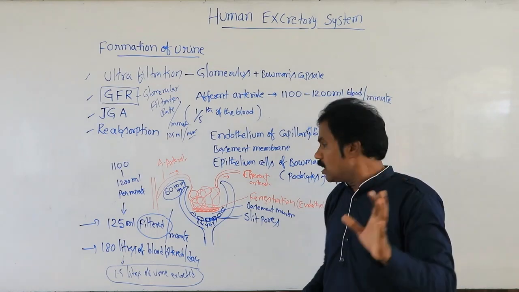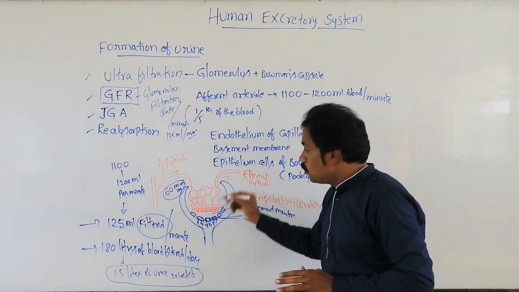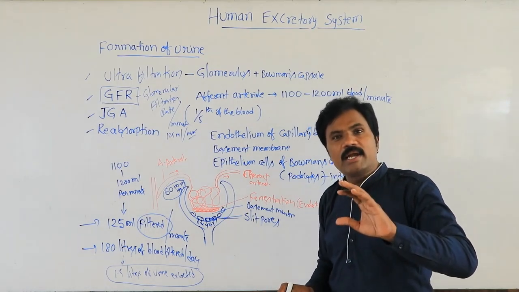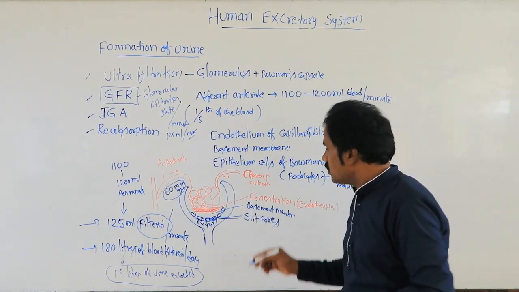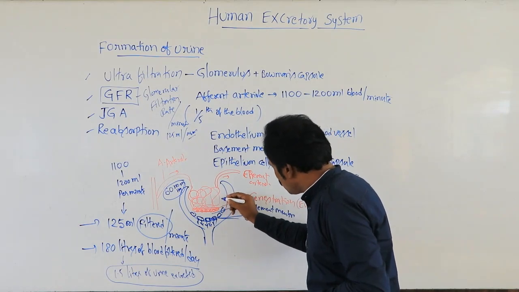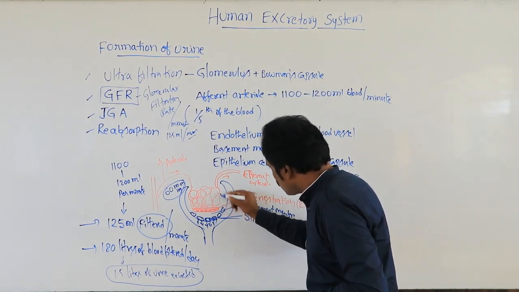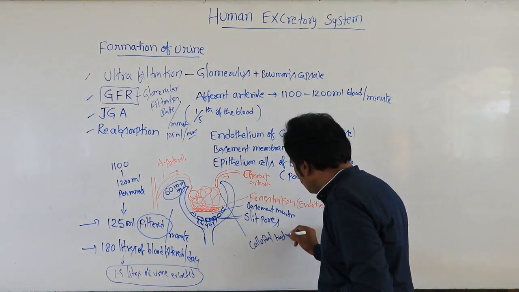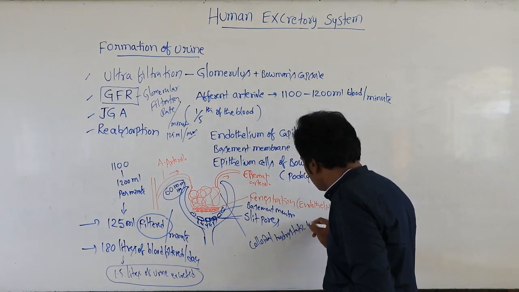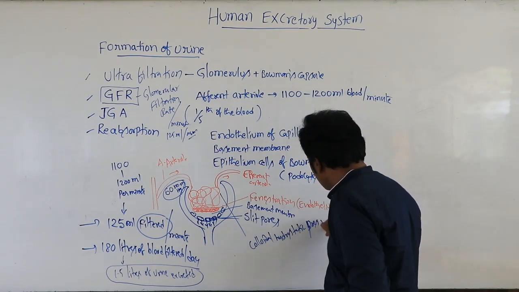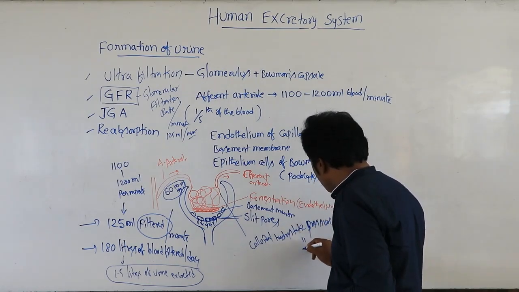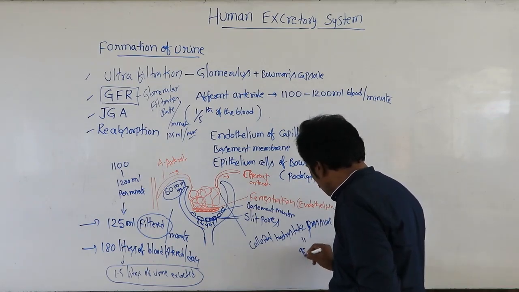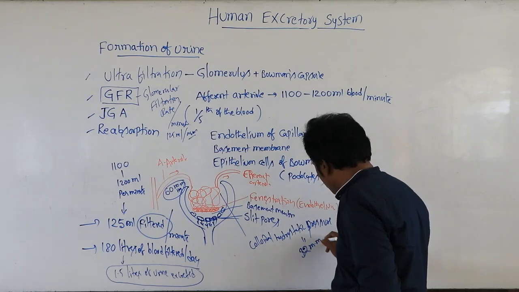Then there is the colloidal hydrostatic pressure, which opposes the filtration because not everything that enters reaches through. That opposing pressure is 32 mmHg.